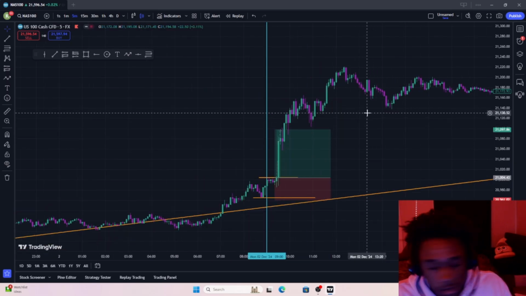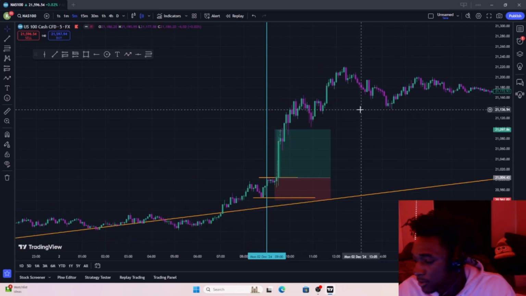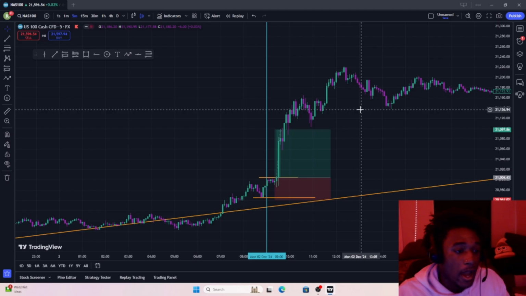So it's literally the same thing. I'm repeating the same strategy, same process, every single day. I come into the market at 9 a.m. I determine what trend the market is in on the hourly time frame and the daily time frame, right? Once I find out what direction the market is trending in, I trade in that direction. So if the market is going up, I'm going to trade up. I'm not going to trade down.